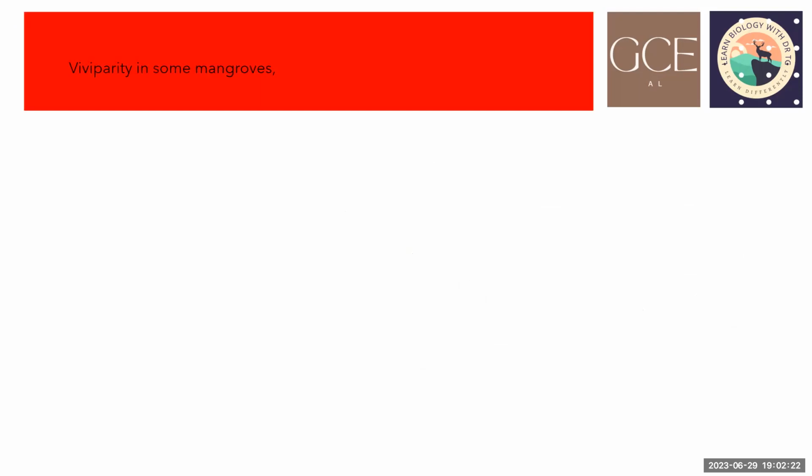Okay, when it comes to viviparity in some mangroves, how does it happen? If the mangrove tree is like this, and these mangroves again have fruits like this. So this is the fruit of the mangrove.